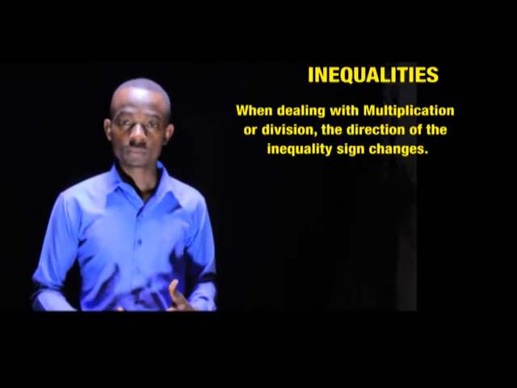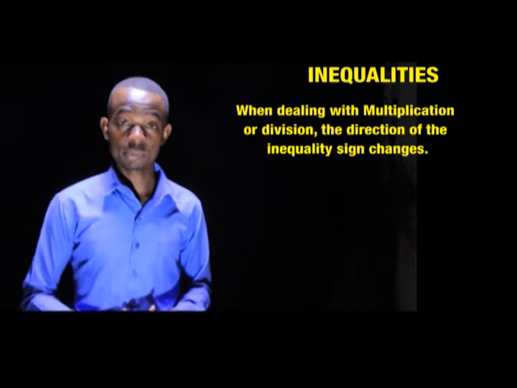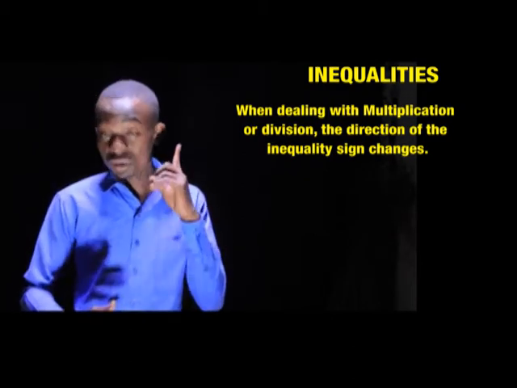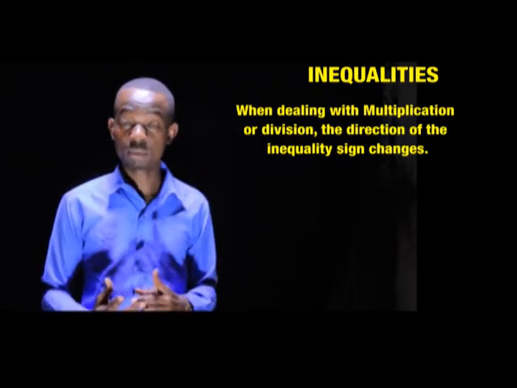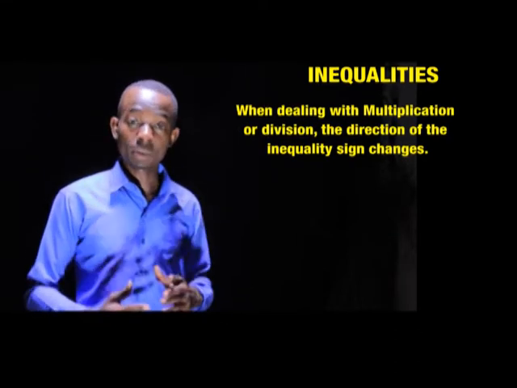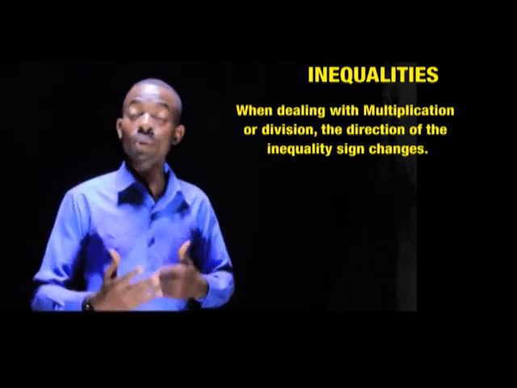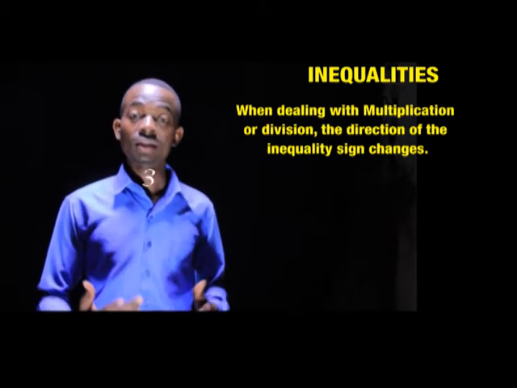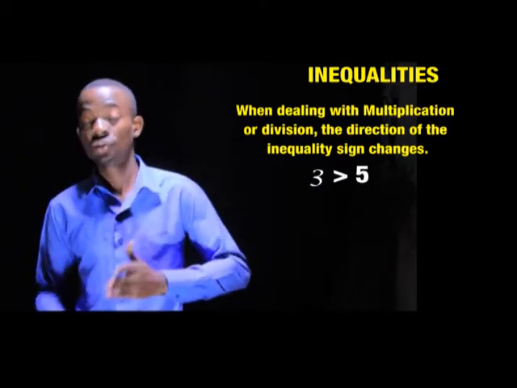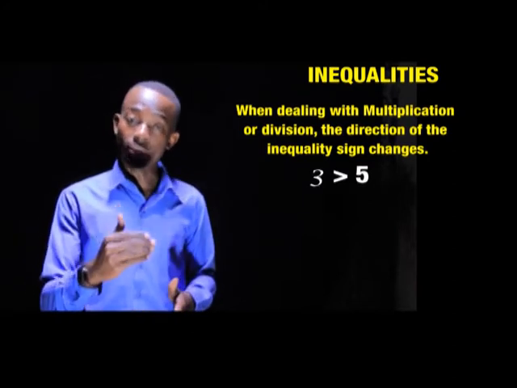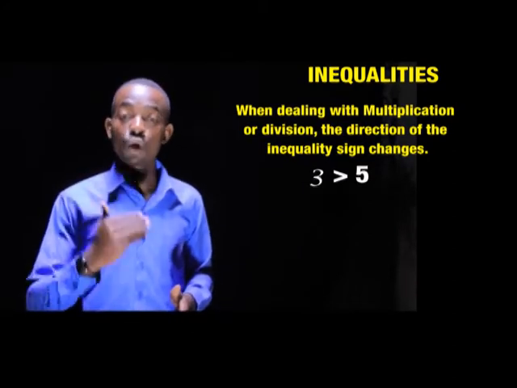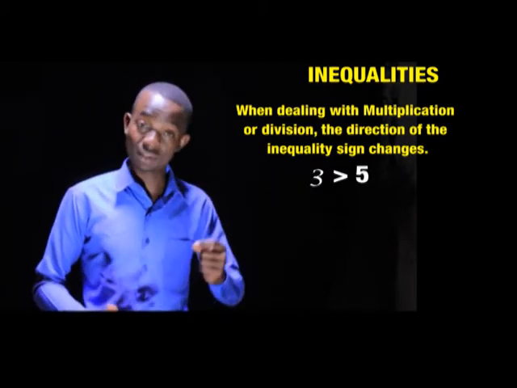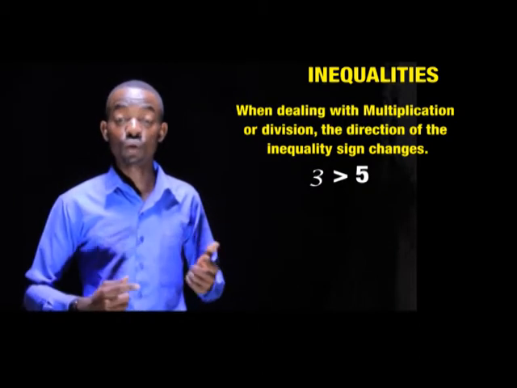On the other hand, when I multiply or divide by a positive number on both sides, the direction does not change. So the direction of the inequality changes only when you multiply or divide by a negative number on both sides.